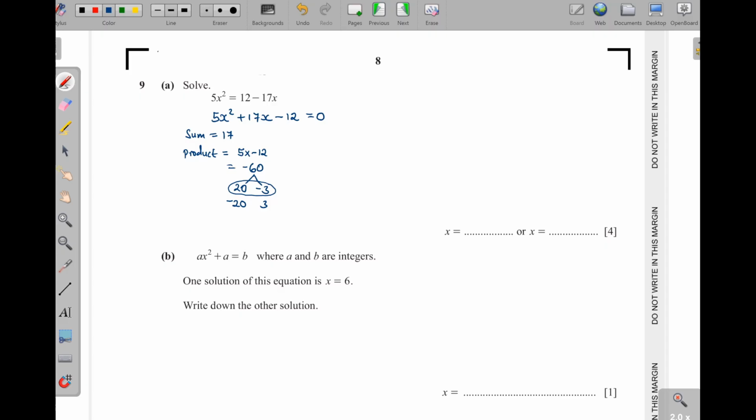So meaning these two numbers you have gotten, put them in the place of what? 17, and then you factorize accordingly. So we shall have 5x squared plus 20x, because the 20 is positive, and then this one is negative, then we shall put minus 3x minus 12, which is equal to 0.